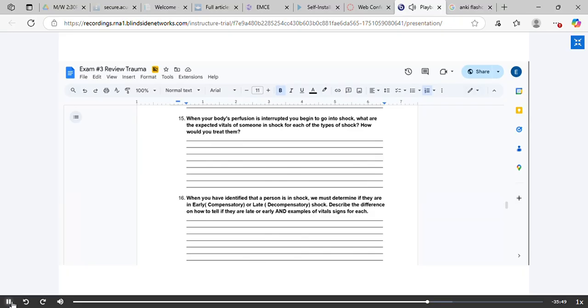So the early or compensatory shock, the early phase, remember you have tachycardia and normal blood pressure. All right. So if you see your patient experiencing some kind of emergency, whether it's medical or trauma, okay, I know this is the trauma module, but some kind of emergency, and they are tachycardic with normal blood pressure, investigate that tachycardia because there's something causing it.